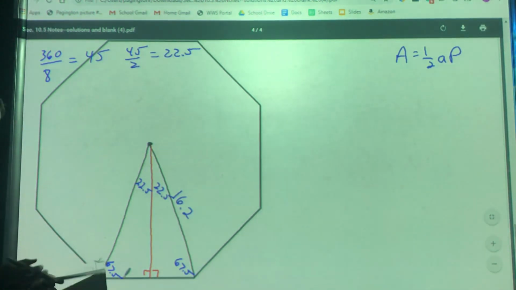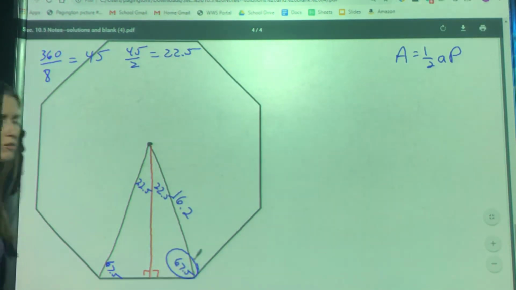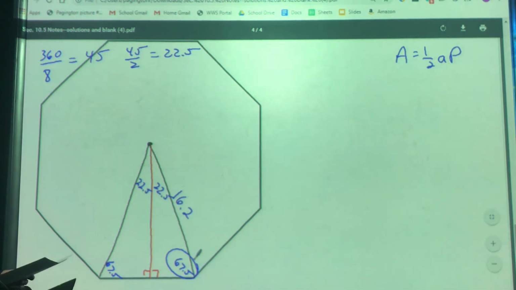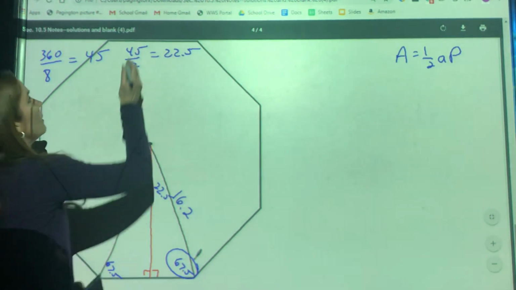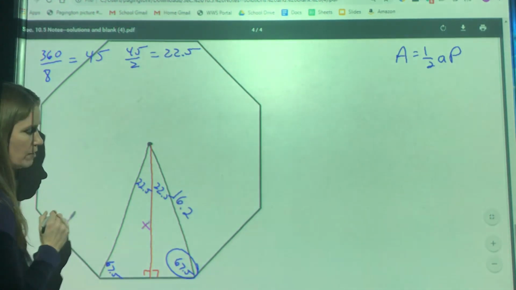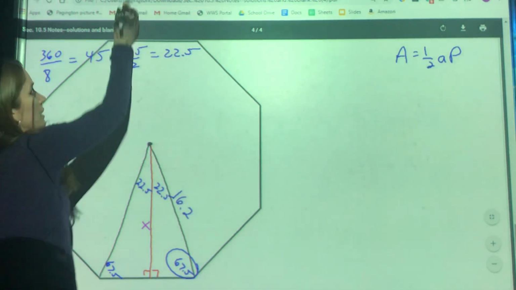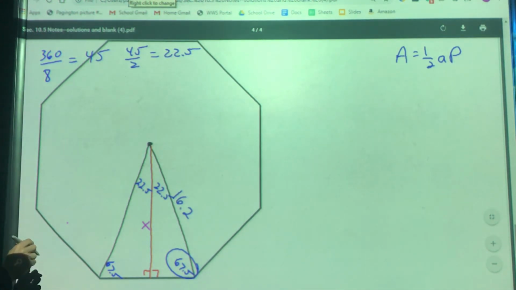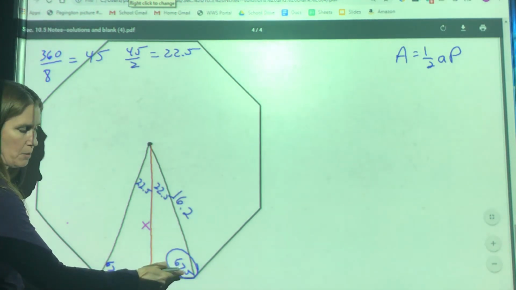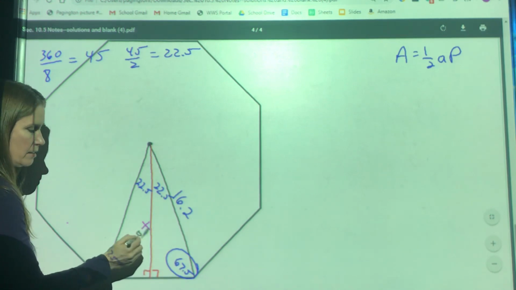Okay? And the way I chose to do it in my notes, and I'll do it the same way here, is I chose to use this angle again. So the first thing that I chose to do was try to figure out what the apothem is. So again, like we did on the last one, I'm going to call it X, so you don't get confused with adjacent, with them both having an A. In this case, I know that if I'm using this as my angle, this X length is opposite.